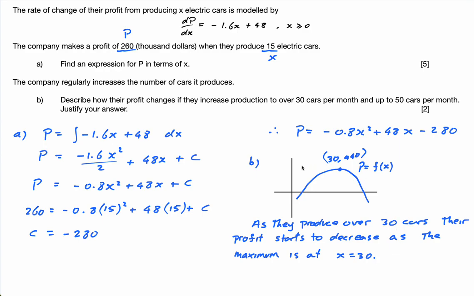So that explains nicely how you can see that as they go over 30 cars, the profit starts to go down.